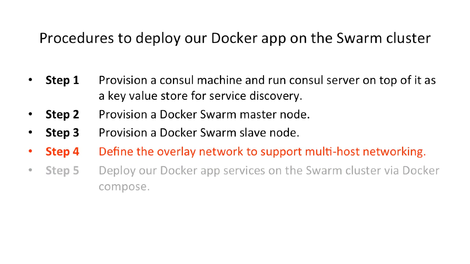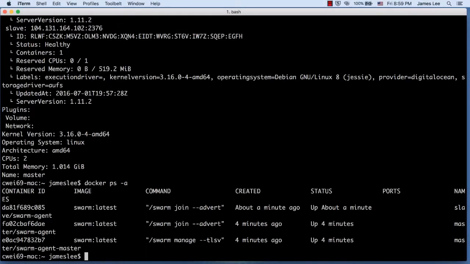Now we have done step 2 and step 3 to provision a Docker Swarm cluster, which consists of a master and a slave node. Let's move on to step 4, to define the overlay network to support multi-host networking. This can be done by modifying our Docker Compose file.